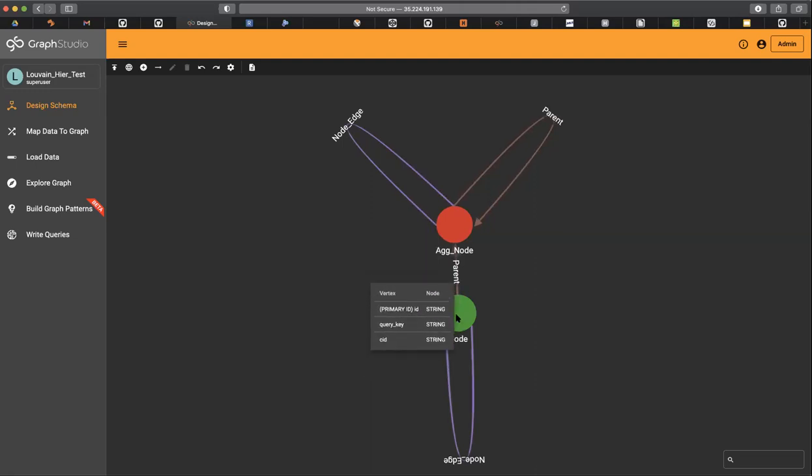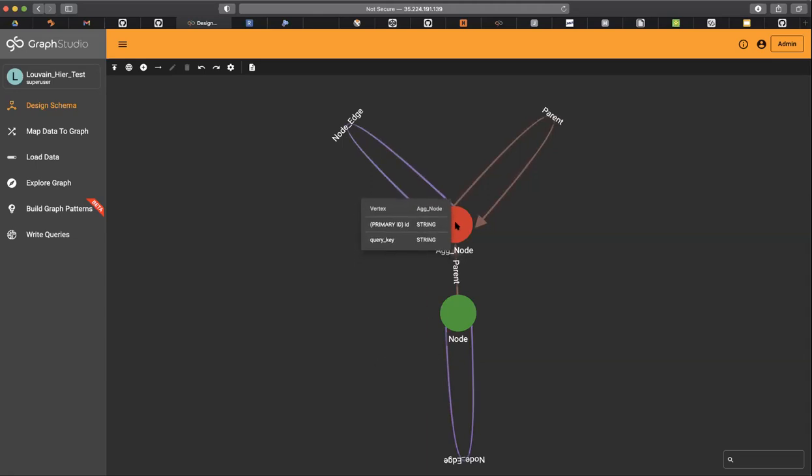So here I have the node, which is our base vertex type. This could represent anything, so very creatively, I named it node. This is the relationship between the nodes, called node edge. Note that it has an attribute called weight. If you're familiar with the concept of a weighted graph, weight can represent anything in this case, but typically it'll be like strength of connection or influence or something along those lines.